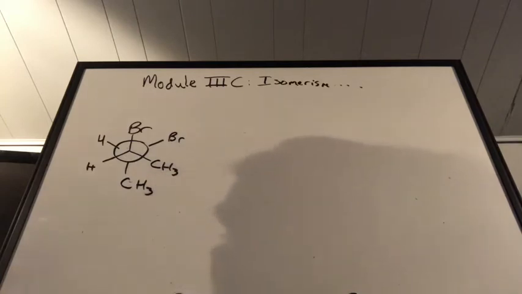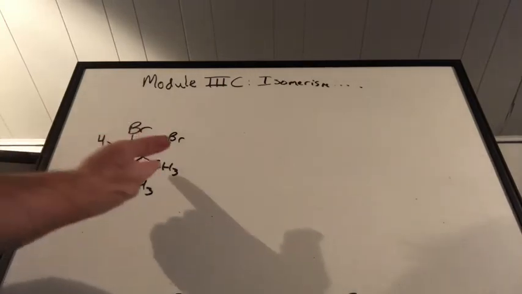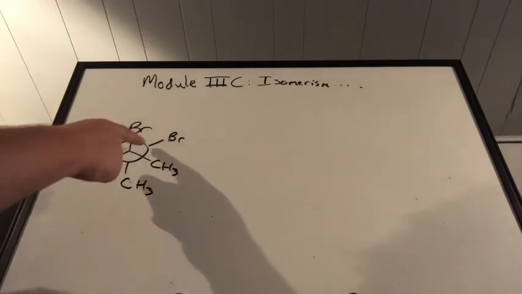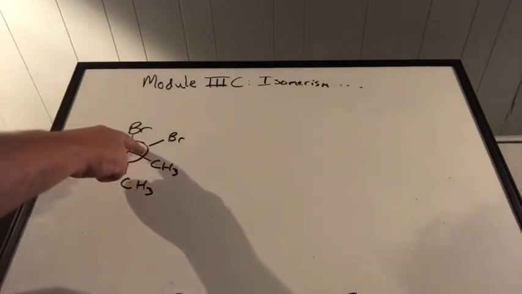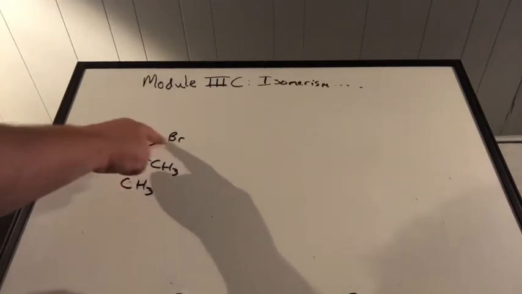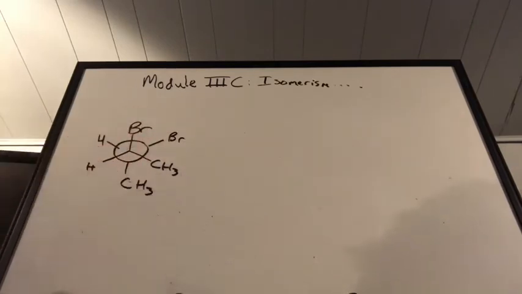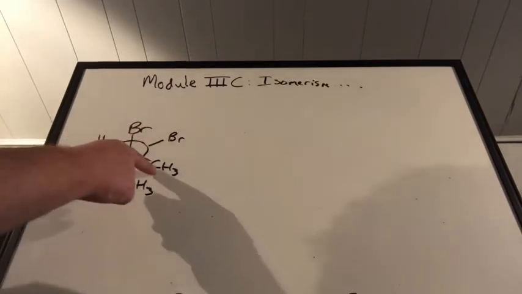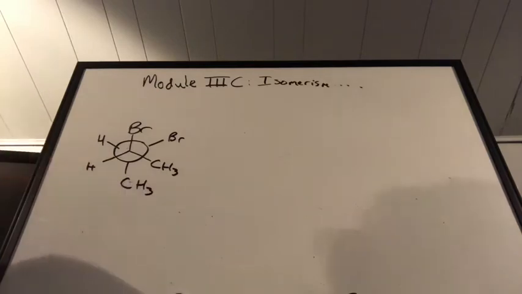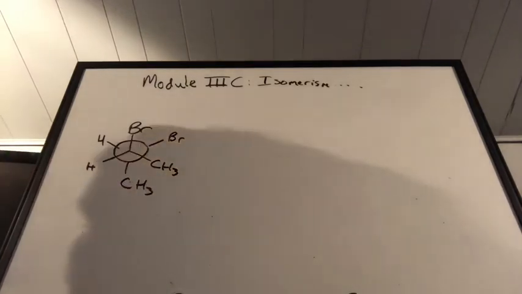Then highest to lowest priorities to establish configuration. For instance, bromine is going to be top priority because it has the highest molecular weight, followed by this back carbon here, which has other things attached to it, like another bromo group and CH3. Third would be CH3, and then of course last by default would be hydrogen.